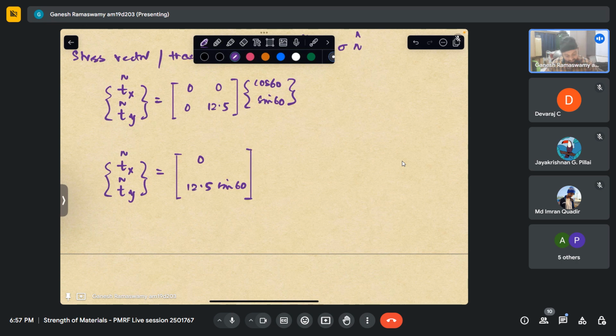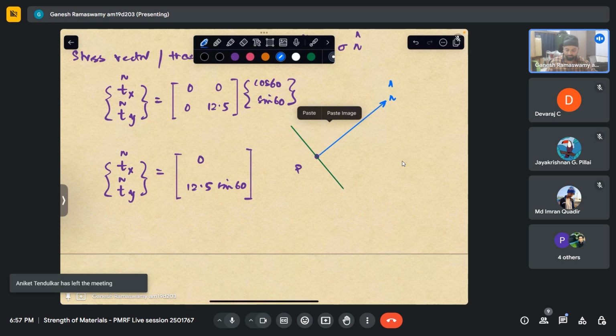So what does this mean? At that point P, let us say that this is the point P and we had cut a plane like this. And our plane's normal was n cap. Now we got the traction vector there as 0 and 12.5 sin 60.